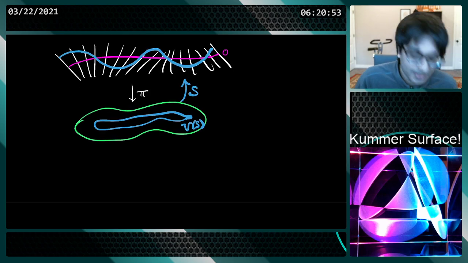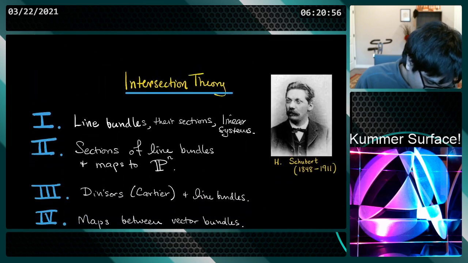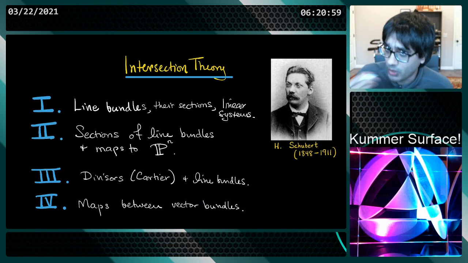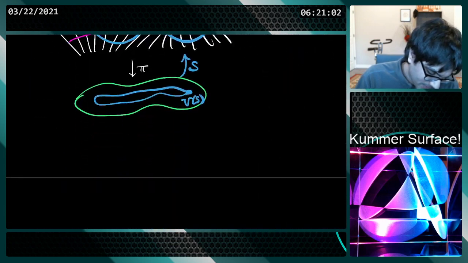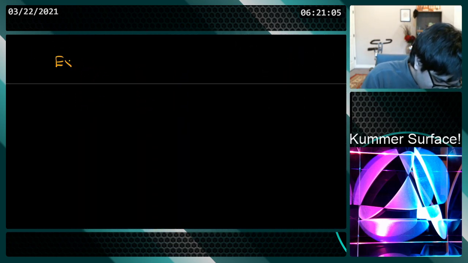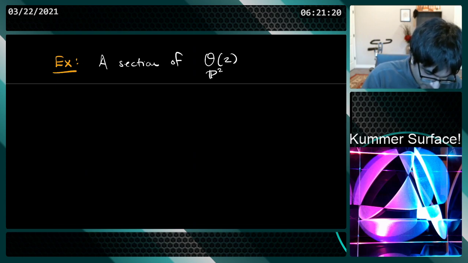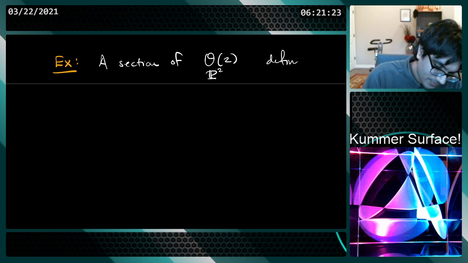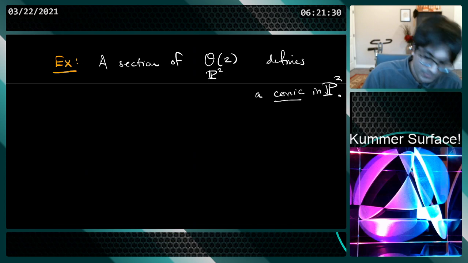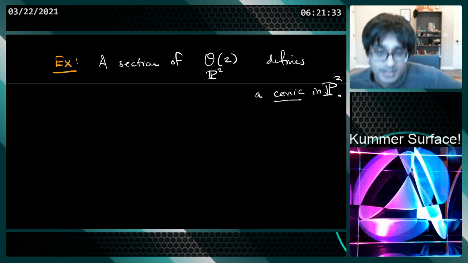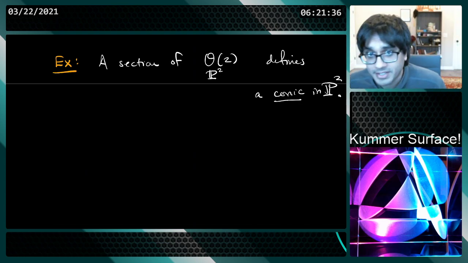Great. So now, if you do the example of O of n on projective space, for example, sections of this line bundle O of 2 are defining conics, if you look at their vanishing scheme.